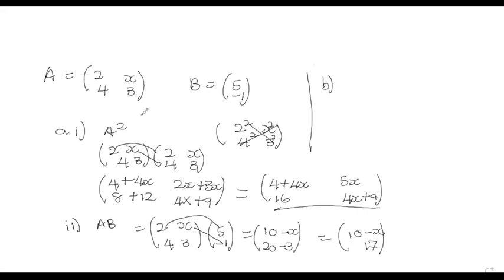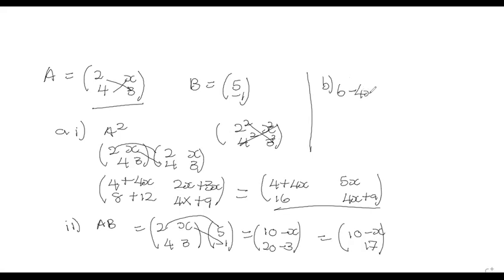In this case, there is your A. You will say 2 multiplied by 3 minus 4 multiplied by x. So in this case, it's 6 minus 4x.